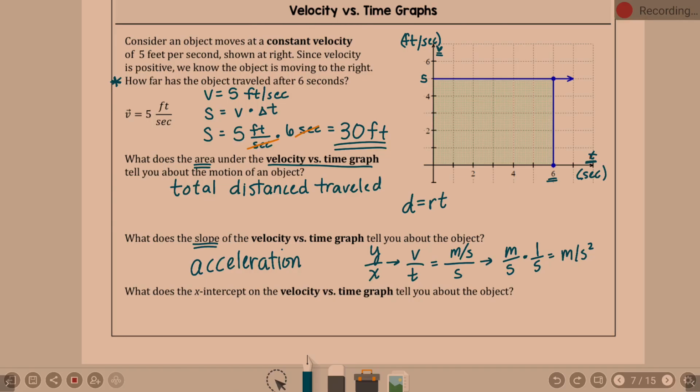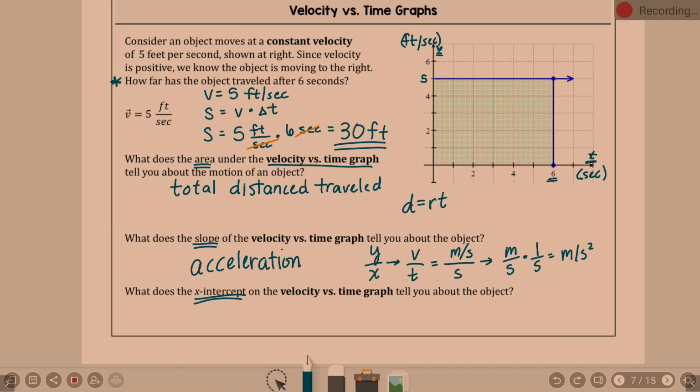This is the one where velocity would equal 0. What does the x-intercept on the velocity versus time graph tell you about the object? At what time does velocity equal 0? I have it written as, when is the object standing still, or reverses directions.